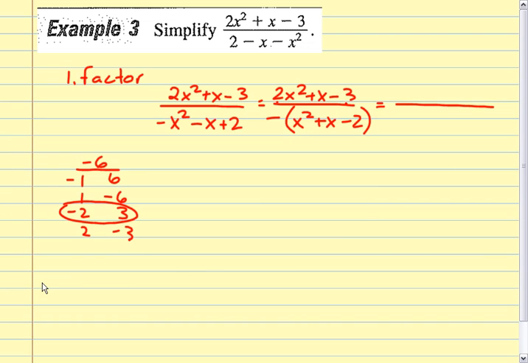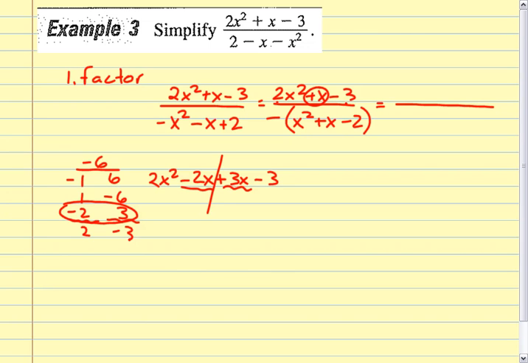So I'm going to write 2x squared minus 2x plus 3x minus 3. So I took the minus 2 and I took the plus 3, right? Because that's what plus x equals. And now I'm going to factor that.